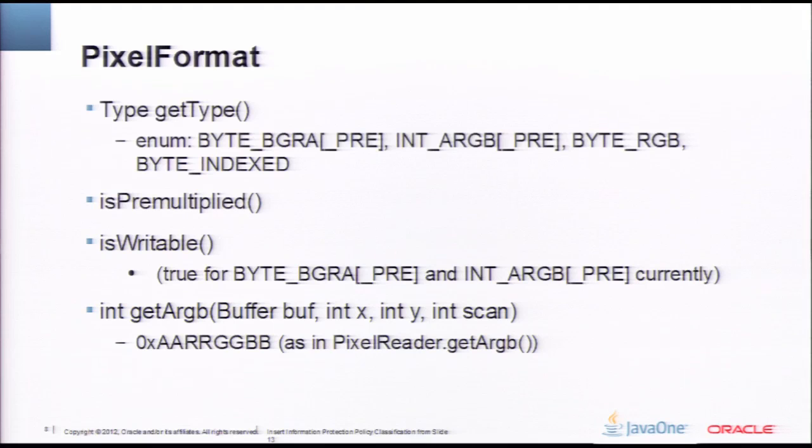The pixel format is not extensible and doesn't include every format under the sun. We focused on formats we thought would be most useful for casual to intermediate use of reading and modifying images. So there are 4 formats that are full color.